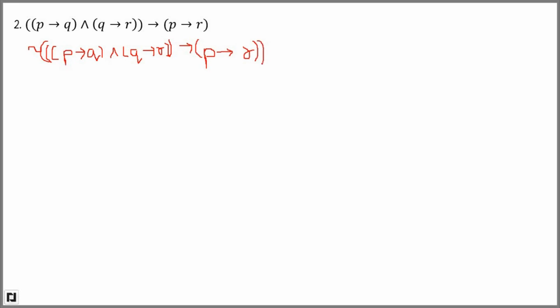After taking the negation, we have to reduce this equation into conjunctive normal form. For this, we use P implies Q, which is equivalent to negation P or Q.